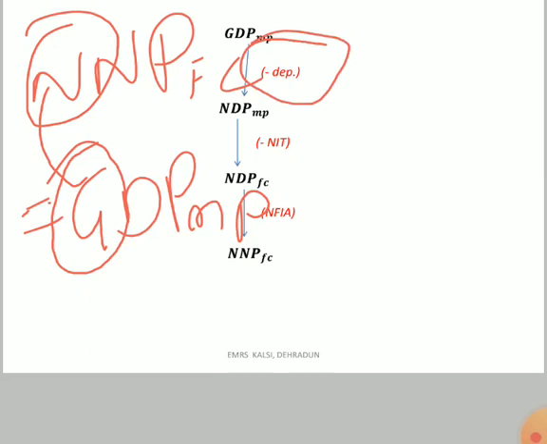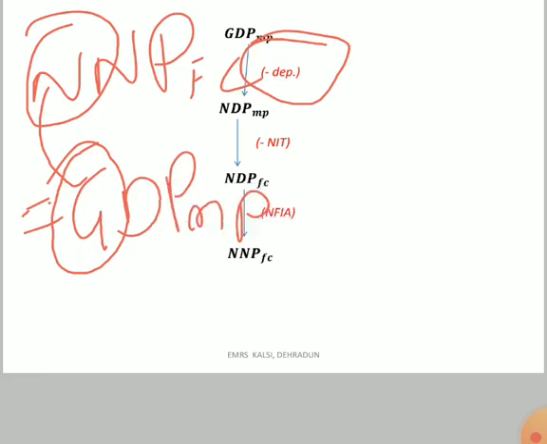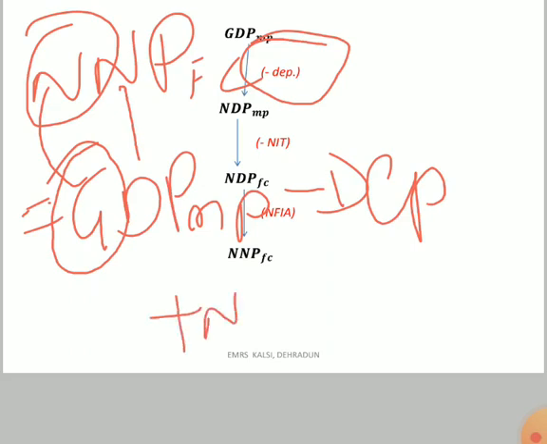Here it is written step by step, but you don't have to do these steps. You can directly subtract or add the things. So here we will write minus depreciation. Now we have to convert the second place, domestic to national. For domestic to national, we add NFIA, so we write plus NFIA.